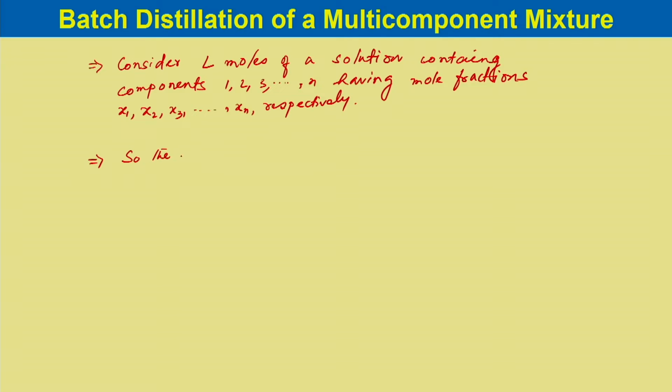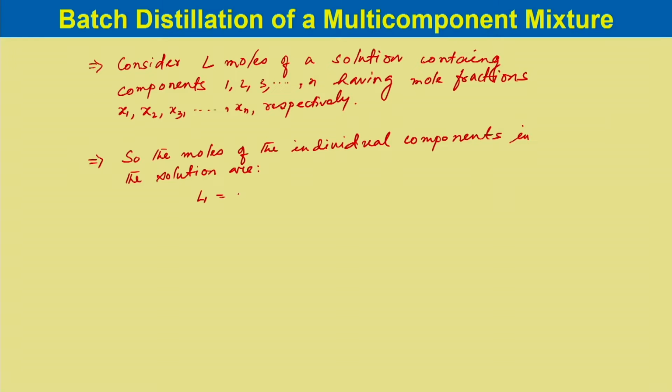So, the moles of the individual components in the solution are L1, which would be Lx1, L2 which would be Lx2, L3 which would be Lx3 and so on up to Ln which would be Lxn.